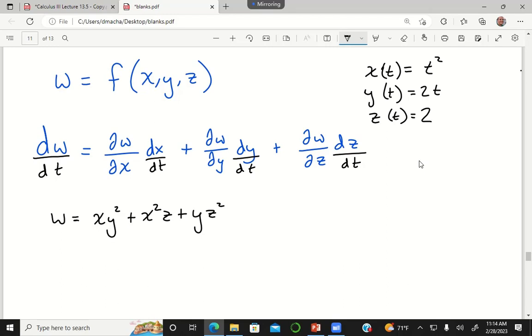And again, what we're trying to find is this dw dt derivative, right? So we write dw dt. And so first, what is the partial of w with respect to x?